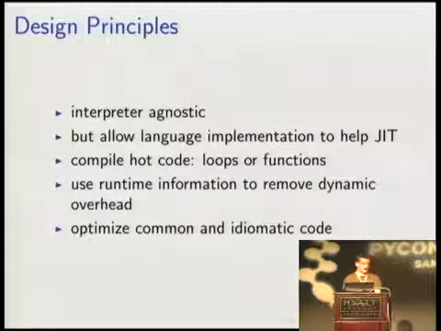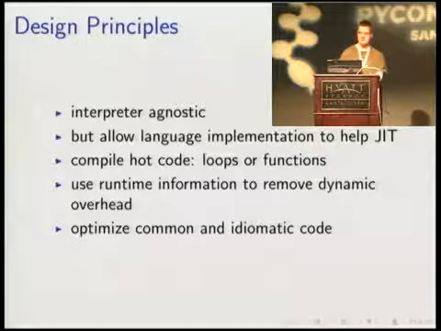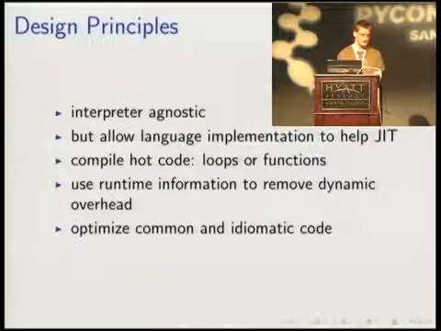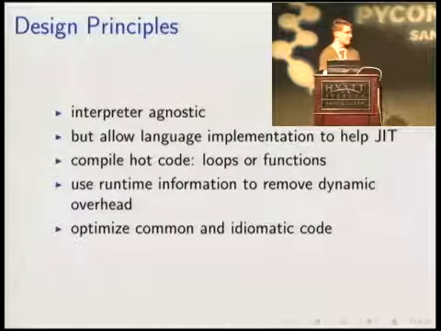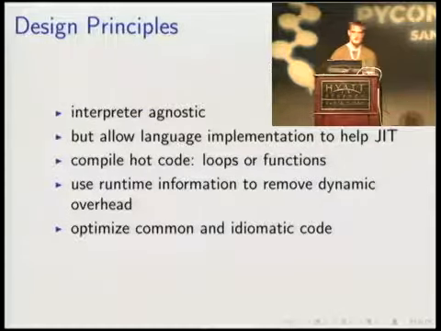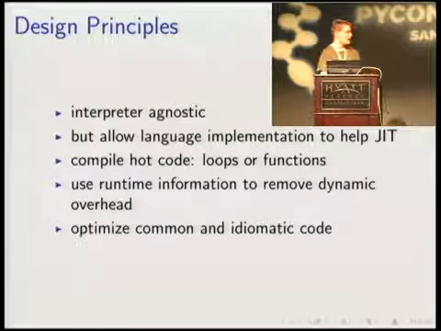Our JIT in PyPy is a tracing JIT, which means that we take to heart the idea that 90% of your time is spent in 10% of your code. We compile only the code which seems to be run repeatedly through the interpreter, which means hot functions or loops.